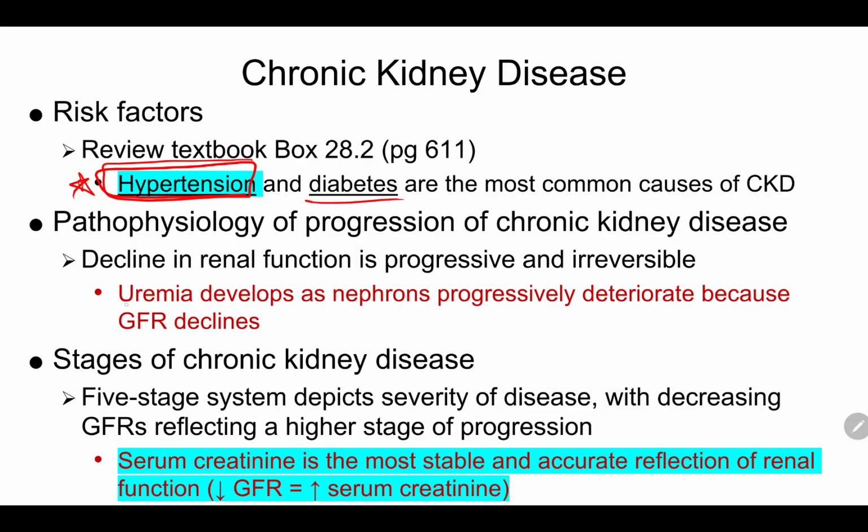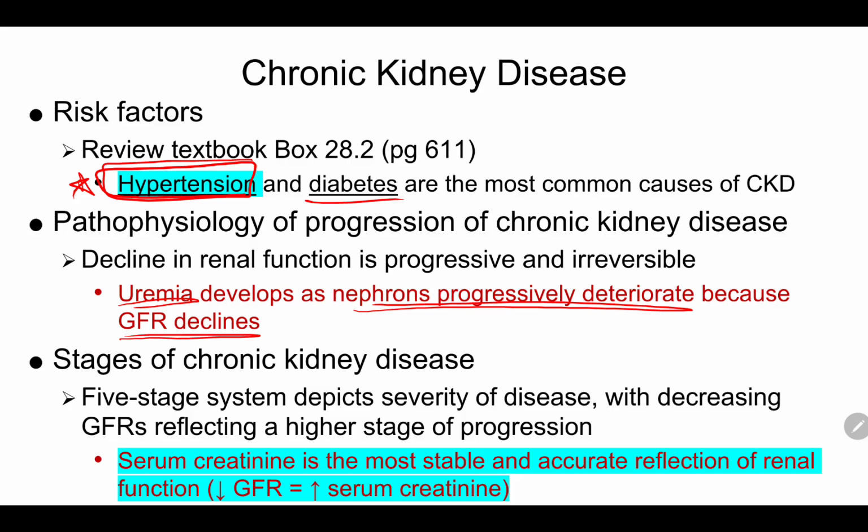We'll also have uremia that will develop, and that's going to have urea in the blood, right? And that's simply because your nephrons are progressively deteriorating because your GFR, your glomerular filtration rate, is declining, right? So this is a progressive type of situation, okay?